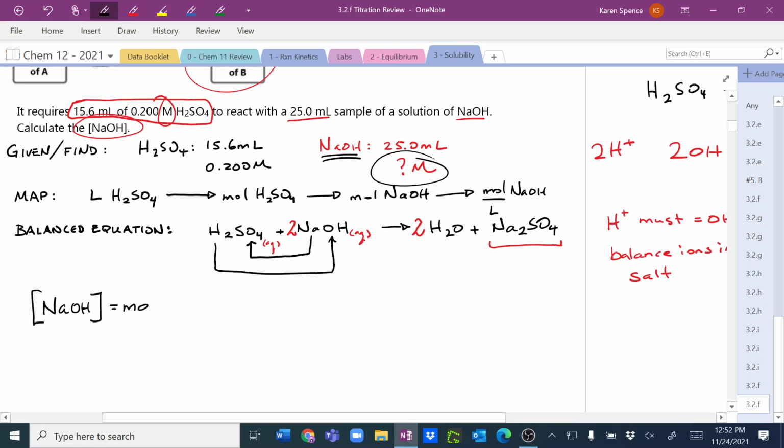That's what I'm aiming for. But what am I starting with? Liters of H2SO4. In my head I do that calculation and I get 0.0156 liters of H2SO4.